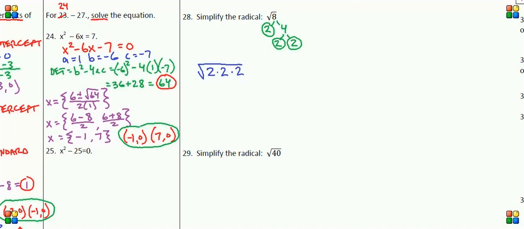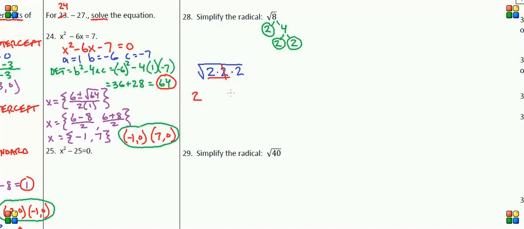Now, I'm going to go through and just talk to you guys about the story we learned in class. We learned that if we treat these numbers in the radical as prisoners inside of a jail, we learned the process that if you can find two prisoners with the same value, in this case the first two 2's have the same value, one of those prisoners escapes, gets outside of prison, and one of them dies.